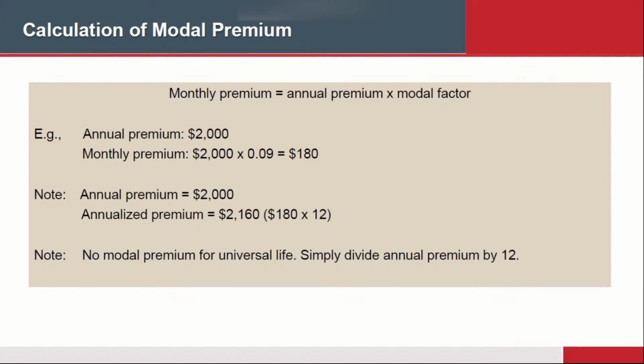But because universal life is really an investment product with an insurance component, you simply divide by 12, and that's it. So universal life, no modal premium. All other insurance products sold out there have a modal premium. Okay, so let's move forward.